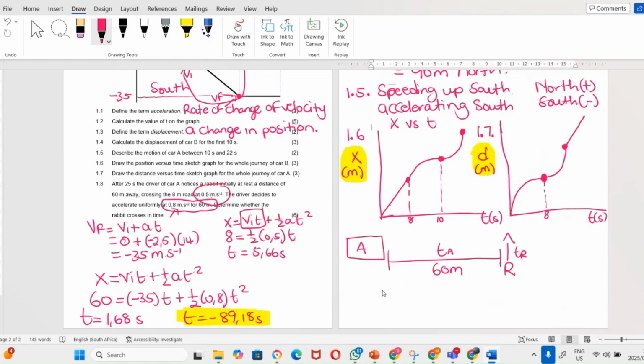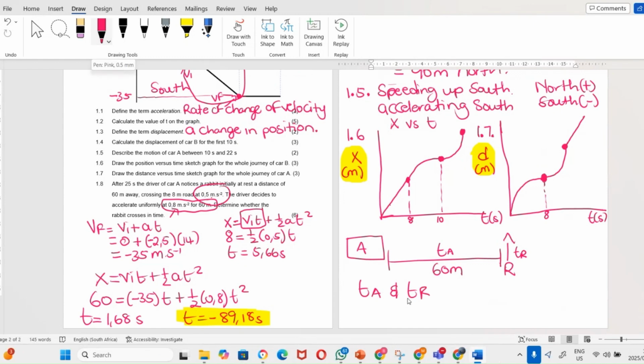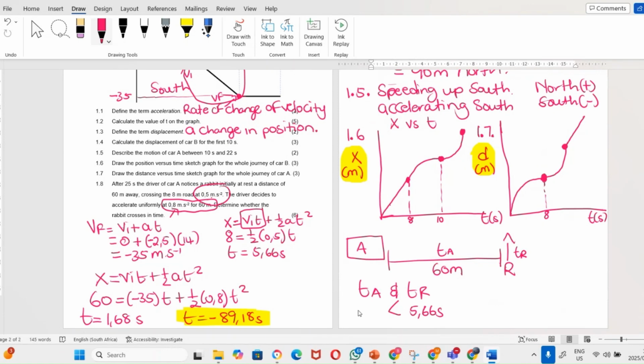So now we have to compare TA and TR. The time it takes the rabbit to cross is 5.66 seconds. However, the time it takes the car to reach where the rabbit is is 1.68 seconds.